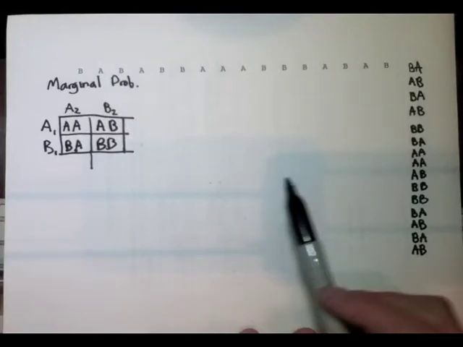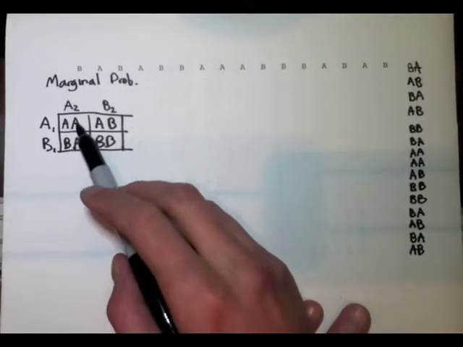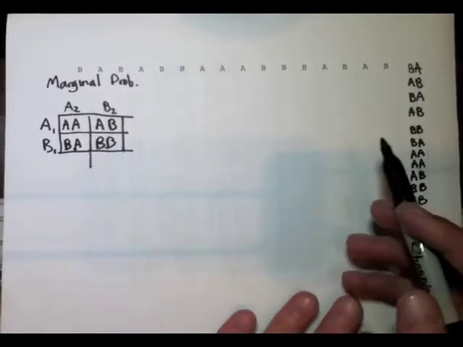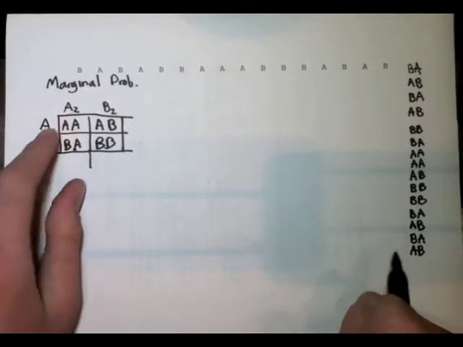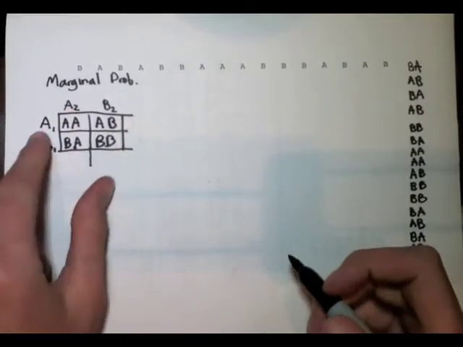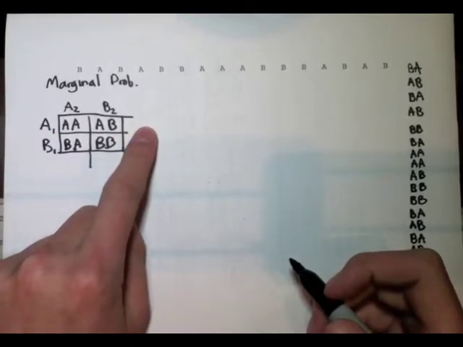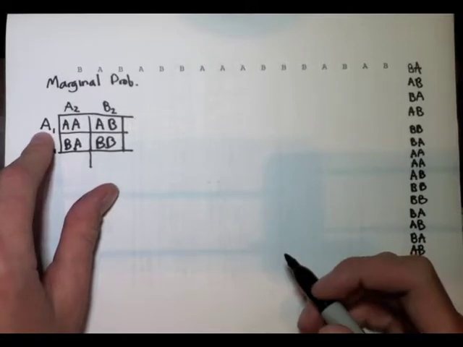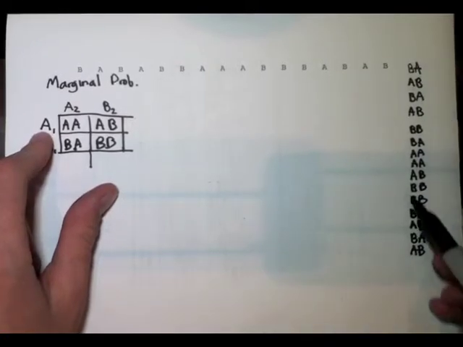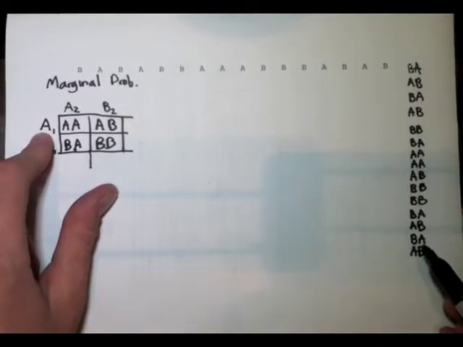Now, if we count these up, for marginals we just want to look at how many, let's do this one first. The marginal probability of the first character being an A is basically just however many there are here that start with A. We don't even care about the second letter right now.